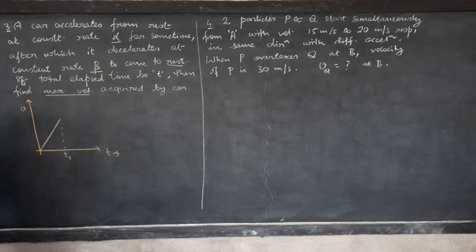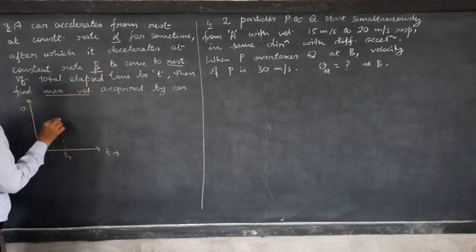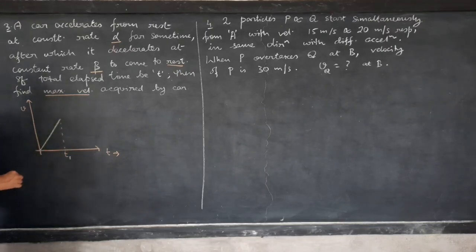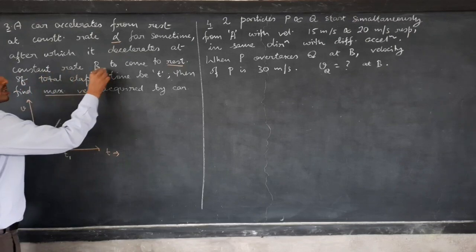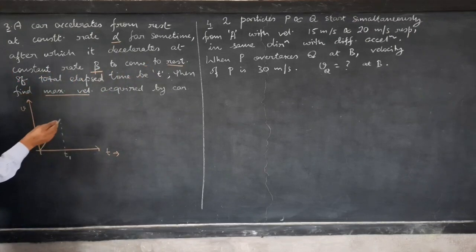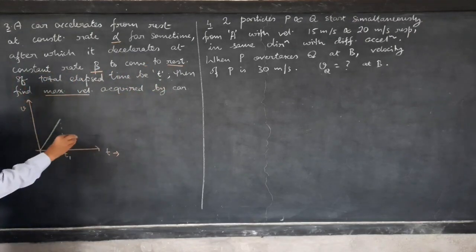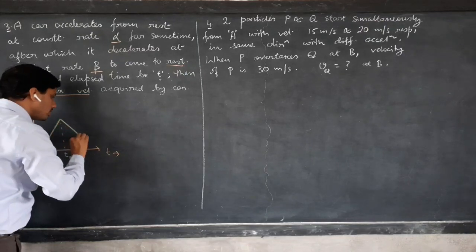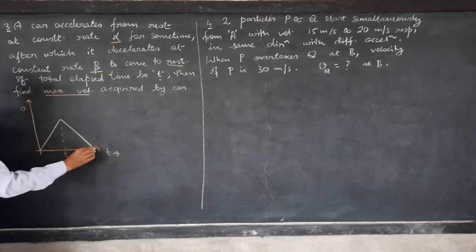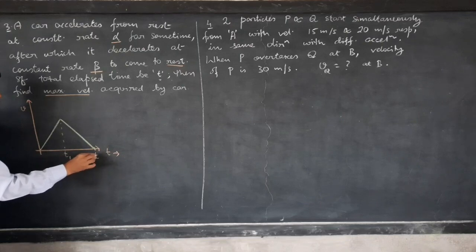After which it decelerates, which means its velocity will decrease in magnitude, so the graph will go down. Again, that rate is beta, and it comes to rest in total time t.